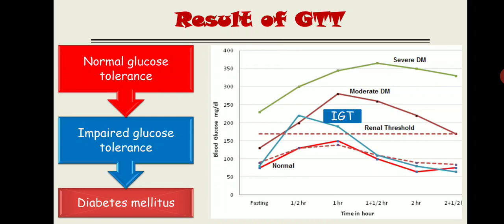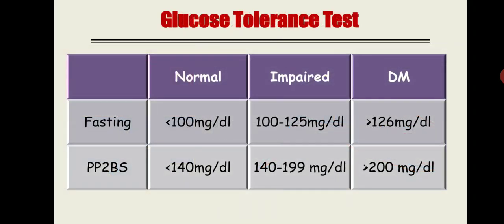Now how will you interpret the mini GTT? In mini GTT, a normal person has a fasting blood sugar less than 100 milligram per deciliter, and PP2BS after 2 hours of loading the glucose will be less than 140 milligram per deciliter.